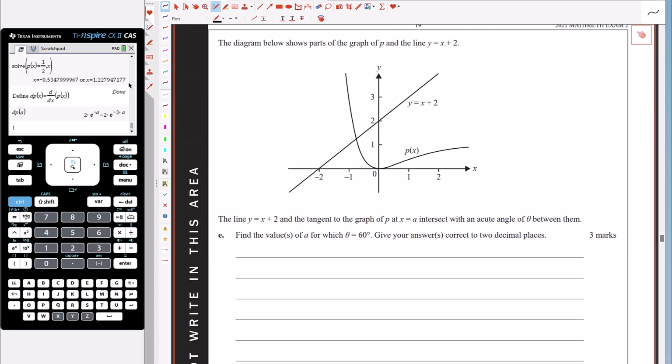The diagram below shows parts of the graph of p and the line y equals x plus 2. The line y equals x plus 2 and the tangent to the graph of p at x equals a intersect with an acute angle of theta between them. Okay, so tangent at x equals a, I mean we can draw a anywhere. Let's just draw an example tangent.